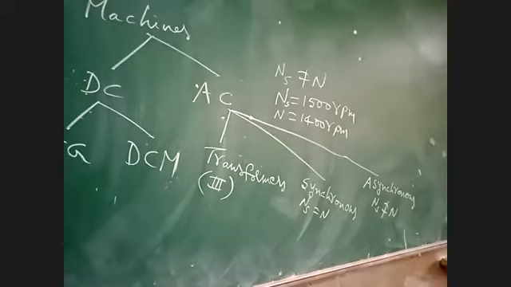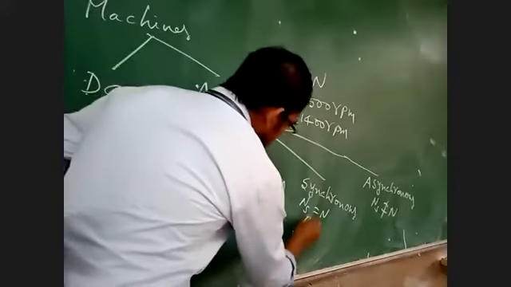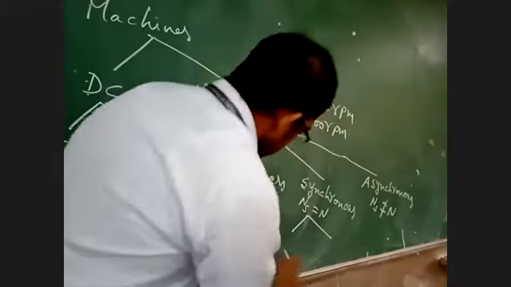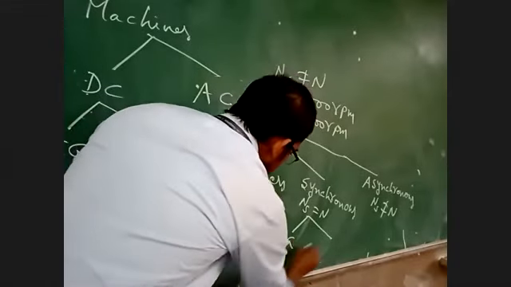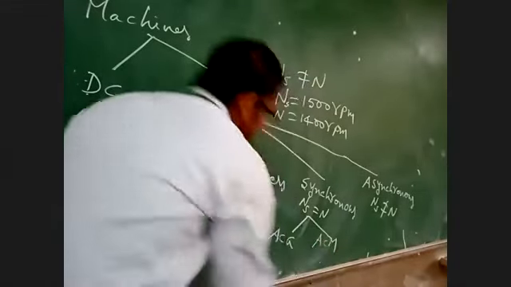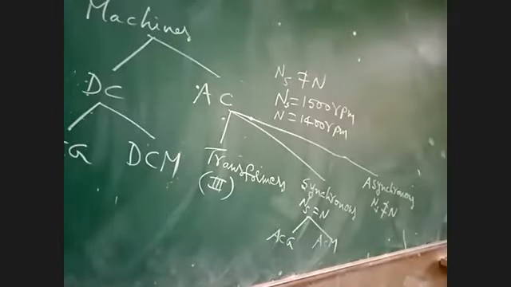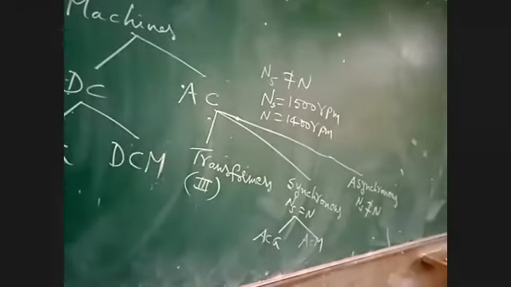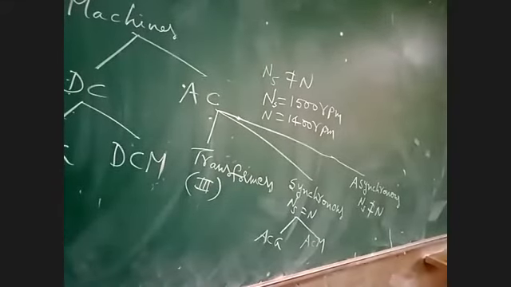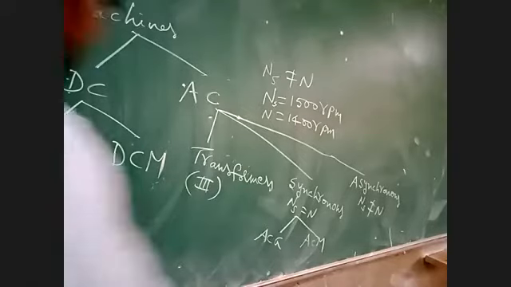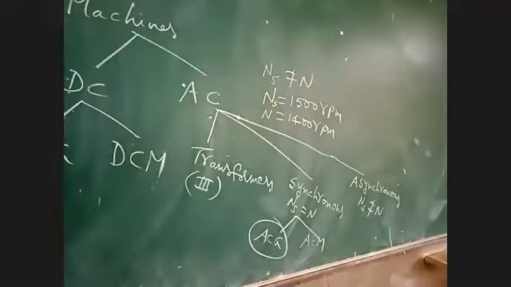Now, asynchronous machines are classified into two types: AC generator and AC motor. Synchronous machines are classified into two types: AC generator and AC motor. In your syllabus, you are having only AC generator.